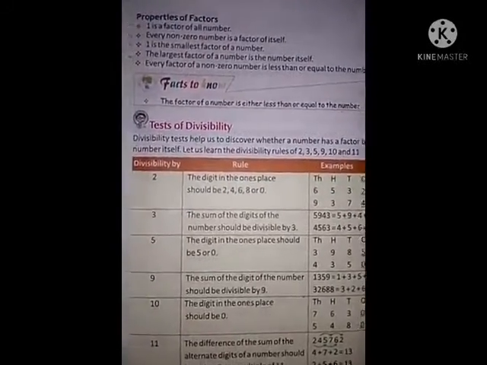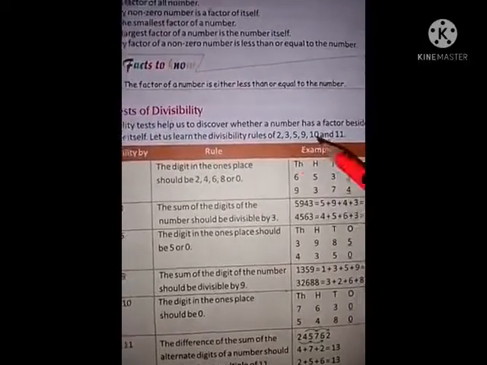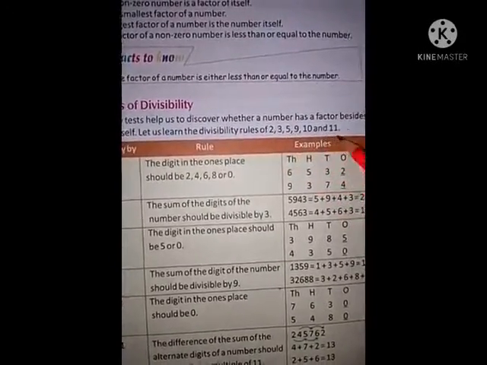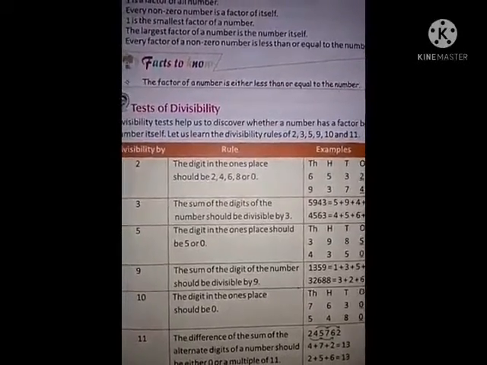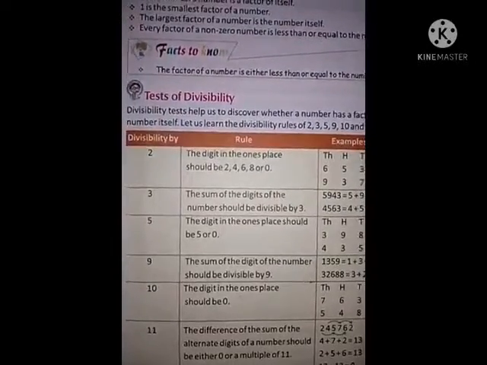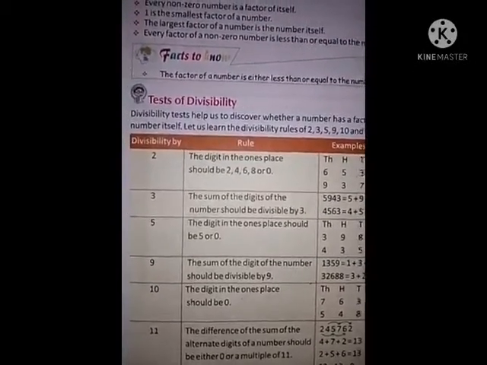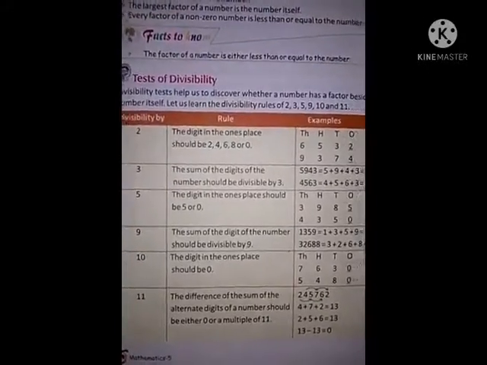Here we are going to learn whether a number is divisible by these numbers or not. There are some rules behind this, so we have to know them for better understanding to do some sums.